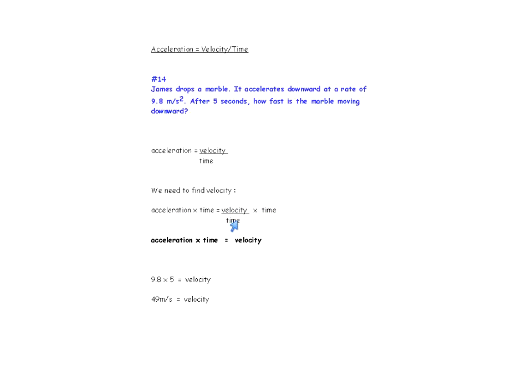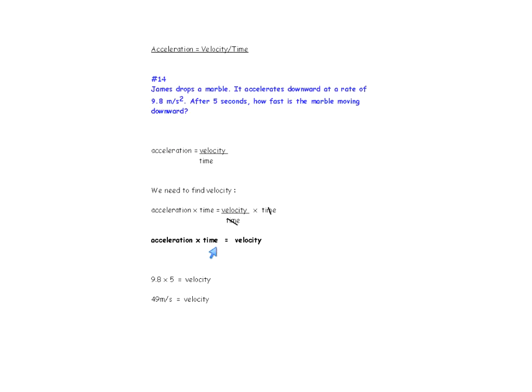So we multiply both sides of the equation by time. Okay? When we do that, time is on top and bottom. It cancels out. So I'm just going to draw that for you. It cancels out, and what that means is we're left with velocity on the right-hand side by itself. So velocity equals acceleration times time. And that's great. Now we have the formula for velocity, and that's what we want to find.